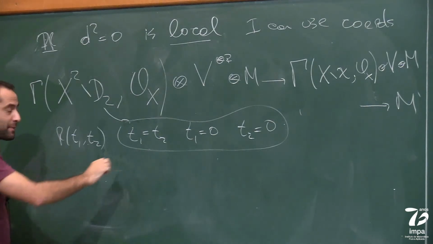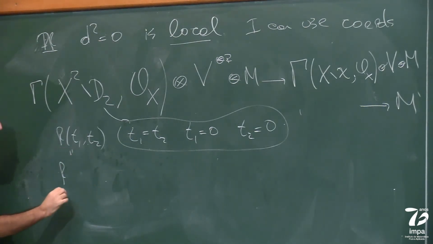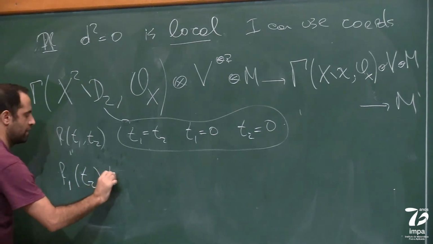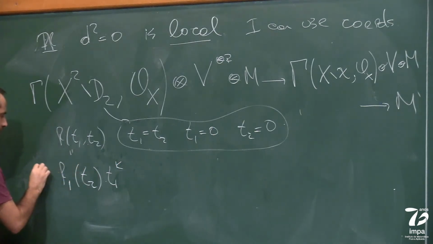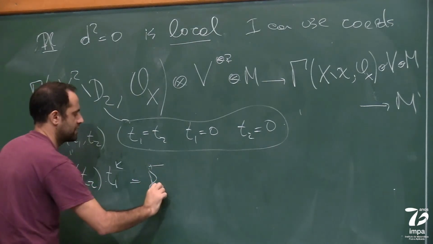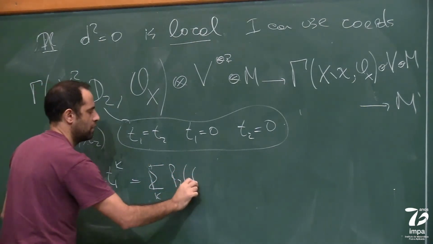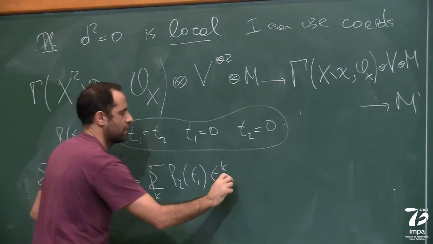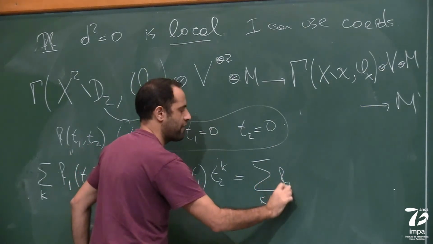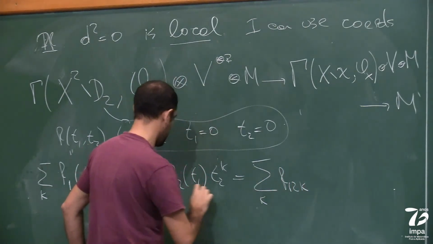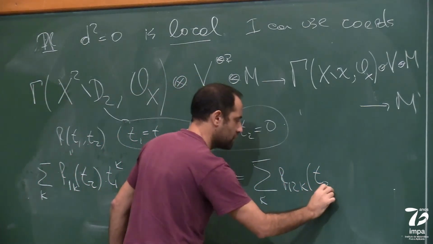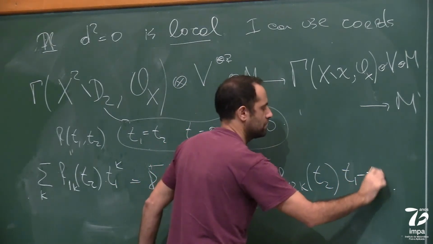And I'm going to take the three expansions, which are this function here is going to be equal to the sum over all k of f1k of t2, t1 to the k, or is going to be equal to the sum over k of f2k of t1, t2 to the k, or is going to be equal to the sum, again, over k, of f12k, of t2, t1 minus t2 to the k.